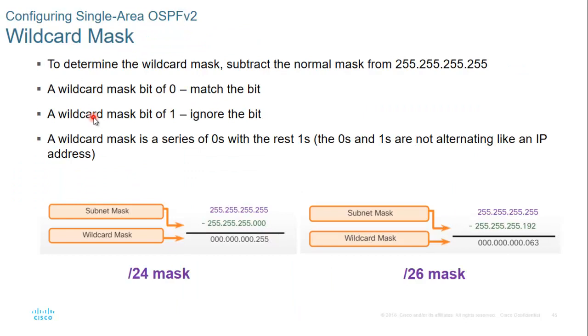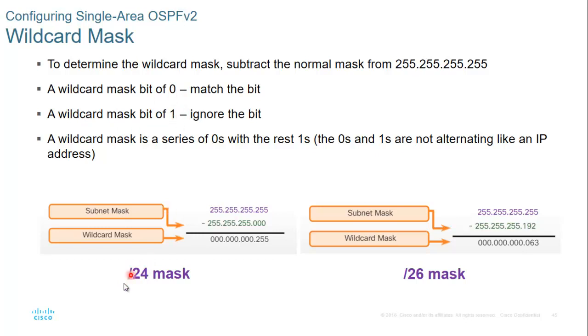Let's look back at wildcard mask. To determine a wildcard mask, subtract the normal mask from the 255.255.255.255 address. A wildcard mask bit of 0 means match the bit. A wildcard mask bit of 1 means ignore the bit.